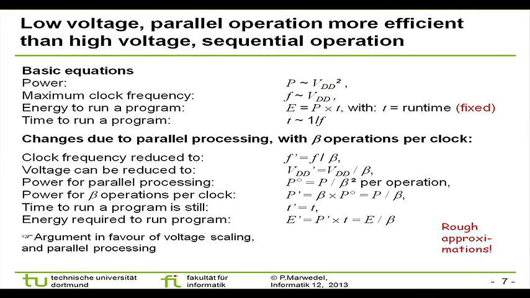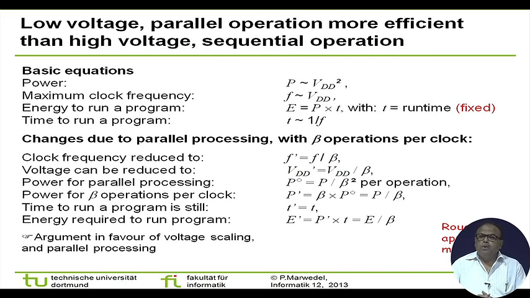Next, what we will see now is another way of minimizing energy. Look at this slide. What if I carry out parallel operations at low voltage? What was our problem when we did voltage scaling?